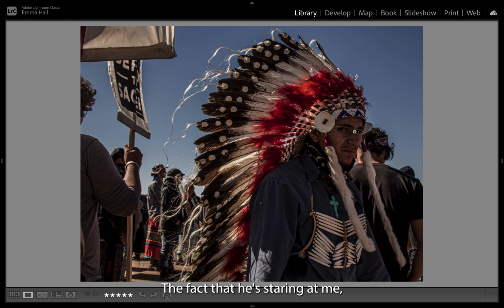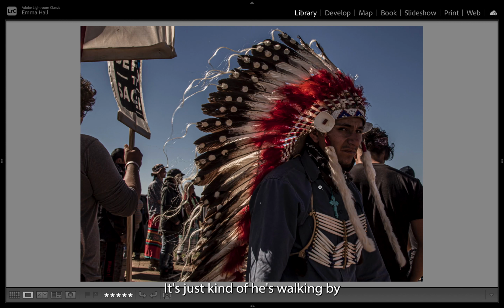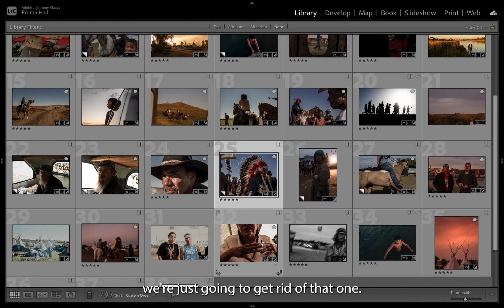The fact that he's staring at me is a little bit uncomfortable. It's not necessarily a direct protest that's happening. He's just walking by and he's like, oh, she's taking a picture of me. That's weird and I don't like that. So I don't know, it's just not really my favorite photo. I think when I was 19 it was, but not anymore. So I think we're just going to get rid of that one.